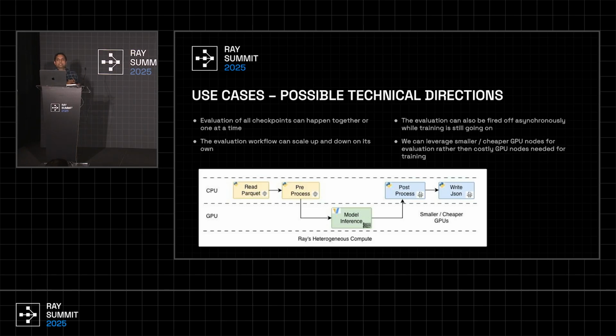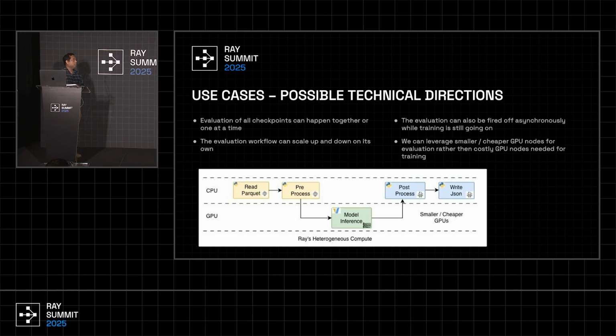So I talked about the business justification, why we need that. And then the next point is what possible technical directions we can take. Let's say when all the checkpoints are created, there are two ways. Either you wait for the training to complete and then kick off a post-processing job that takes all the checkpoints and runs evaluation on top of them, or you choose to select some of the checkpoints based on your training metrics: out of all 50 checkpoints, these 10 look good from the model metrics, and then we choose those 10 to evaluate.